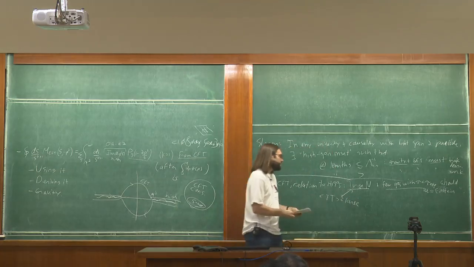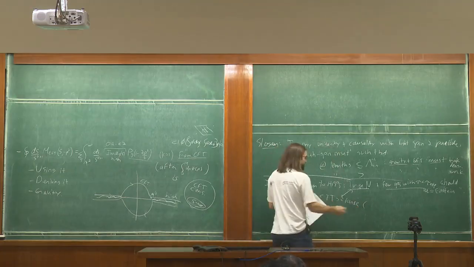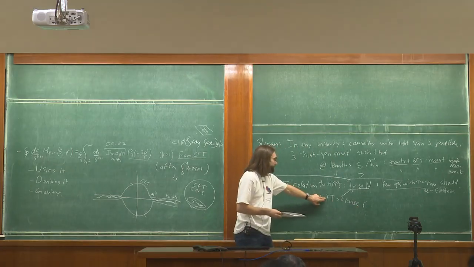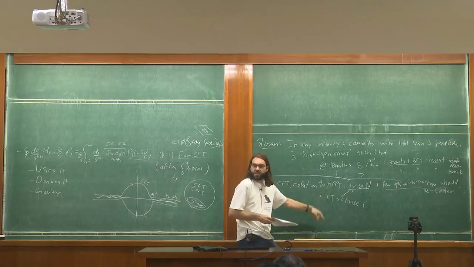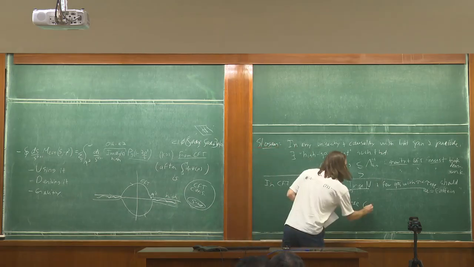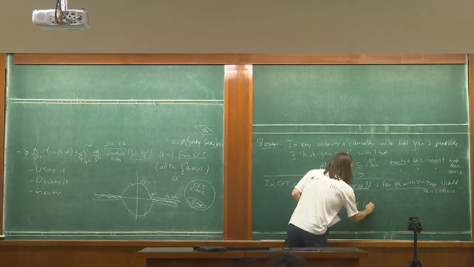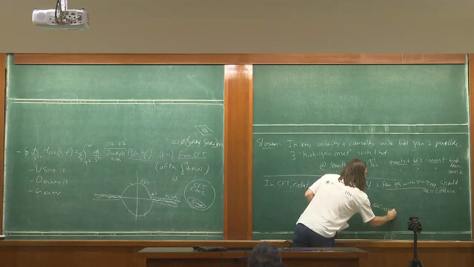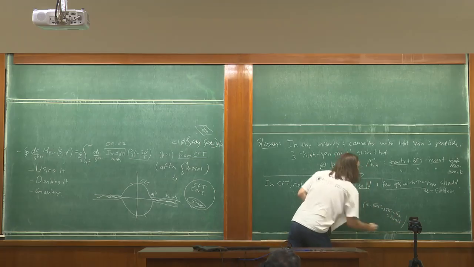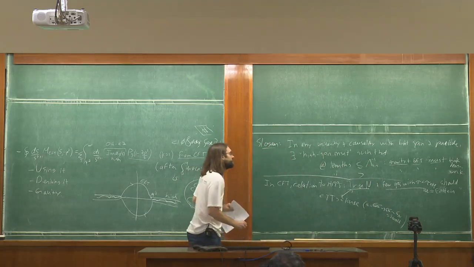Using that, which is the same as saying that the graviton amplitude, because the graviton amplitude is T divided by this normalization, is small. So it's the same as saying that G Newton is small, in units of the AdS radius.